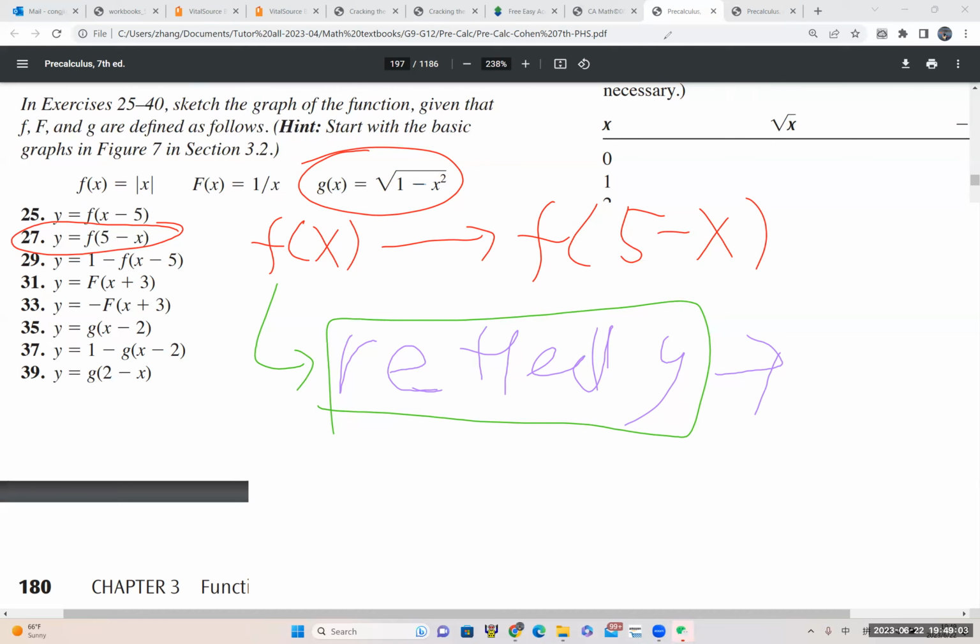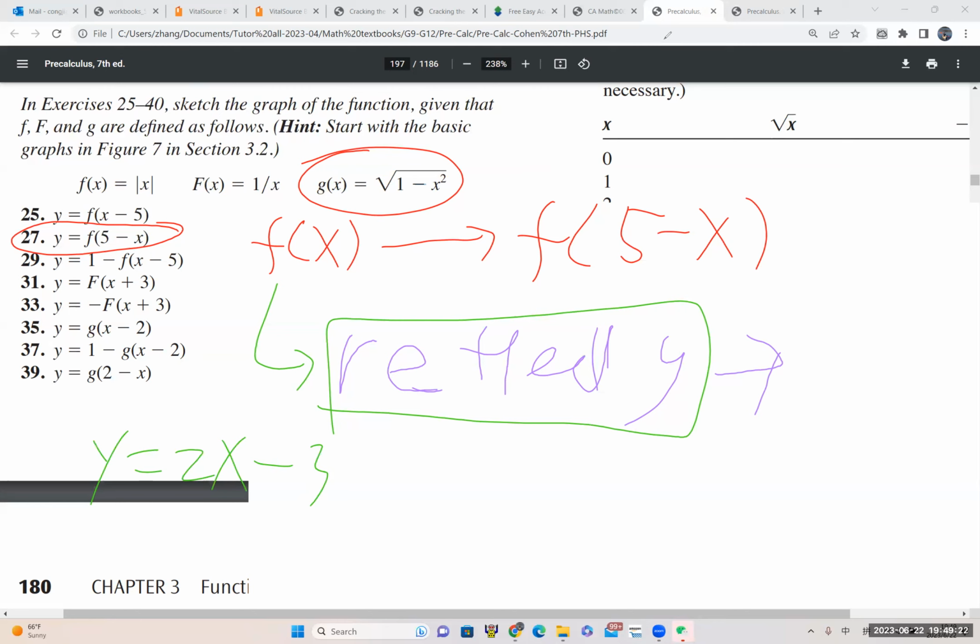So for example, let me use something simple. y equals 2x minus 3, right? If you reflect about y, what can you get?